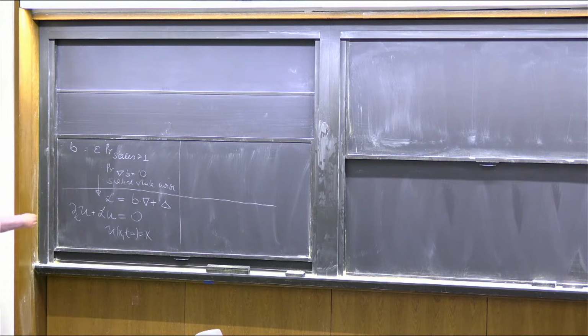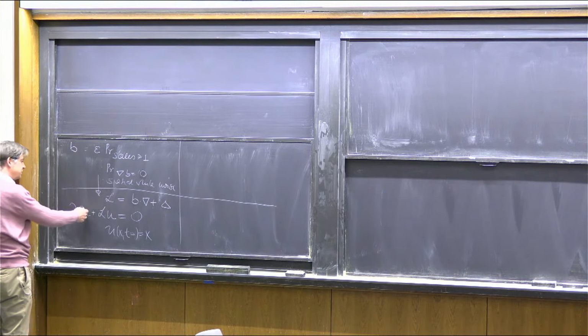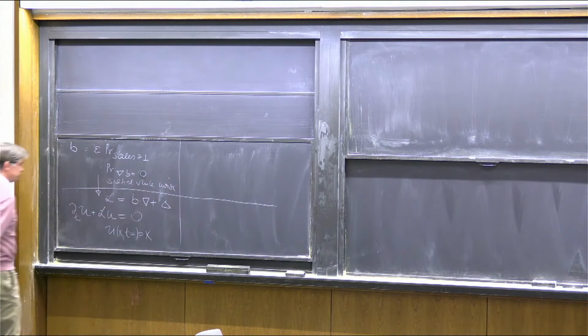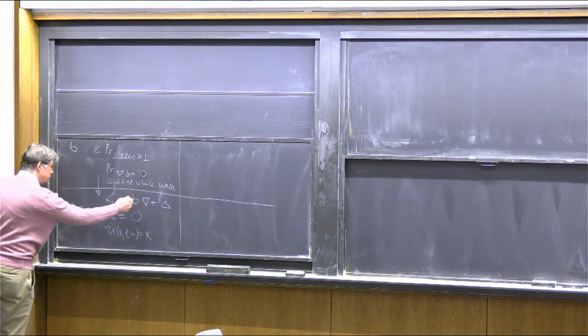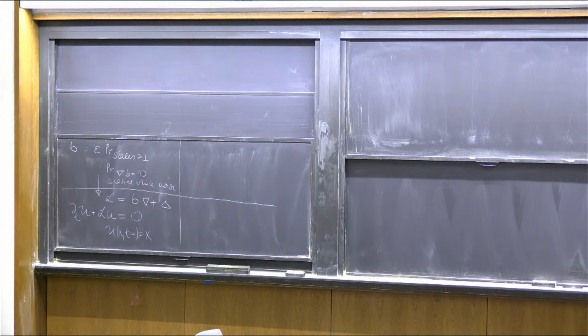That has an interpretation of the averaged, with respect to the thermal noise, position of the particle that undergoes drift and diffusion. But you can read it, what I'm doing is really about PDEs. So this is a PDE with a random coefficient.